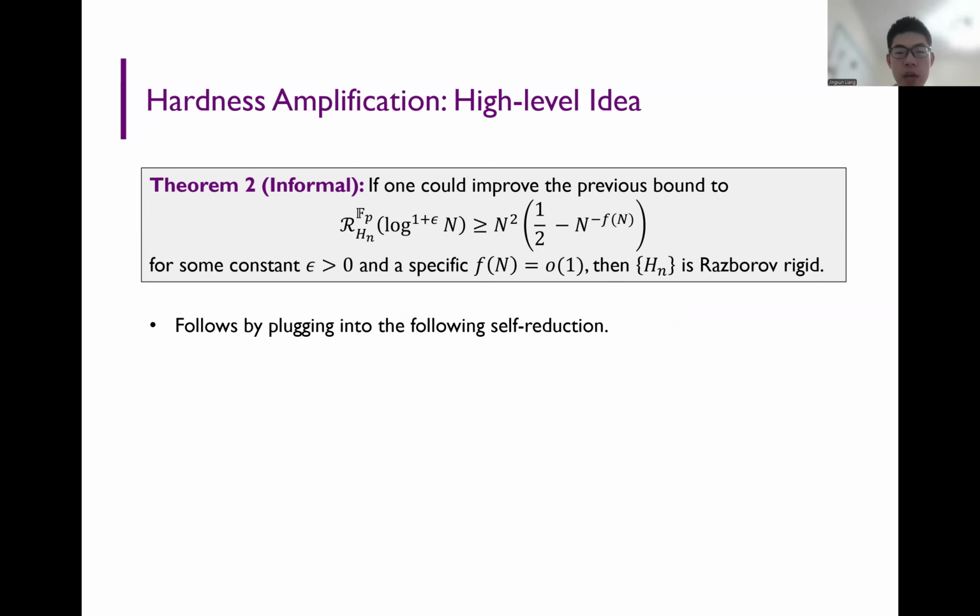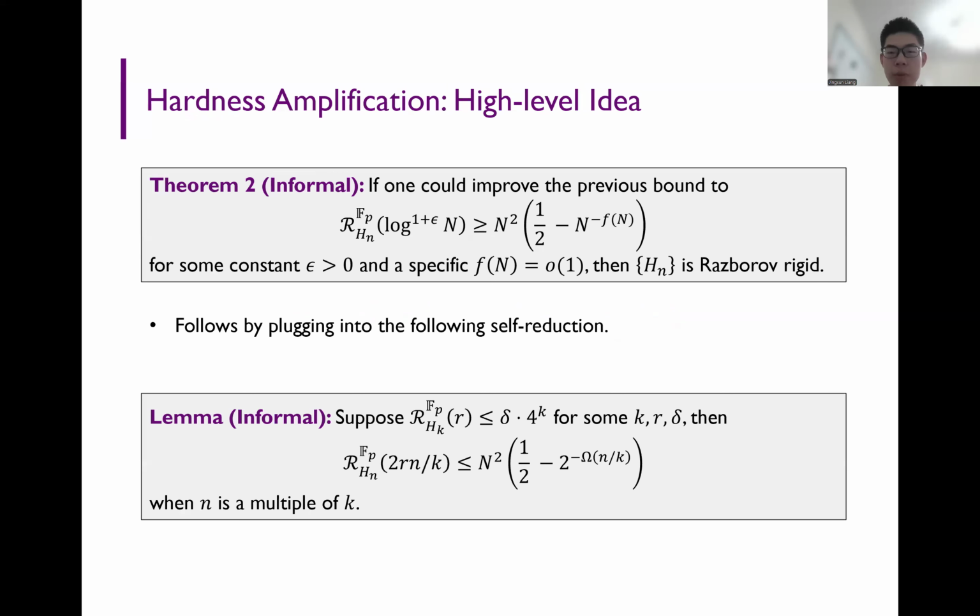Suppose we have a rigidity upper bound for a smaller Walsh-Hadamard matrix H_k. Then we can use it to construct a low-rank approximation for a larger matrix H_n, where the rank should stay small, but we are allowed to change close to half of the entries. Our theorem 2 follows directly by plugging Rigidity into the self-reduction.